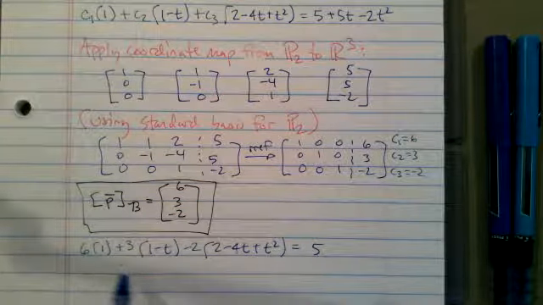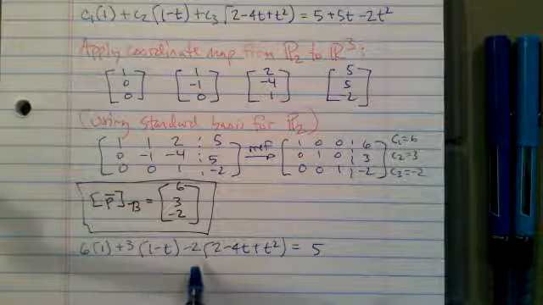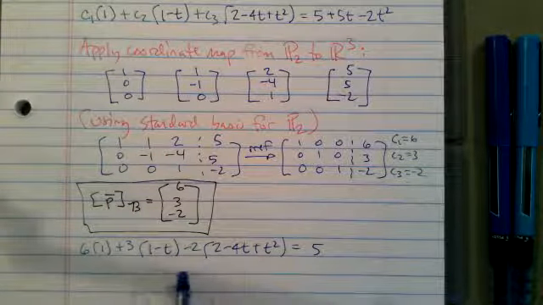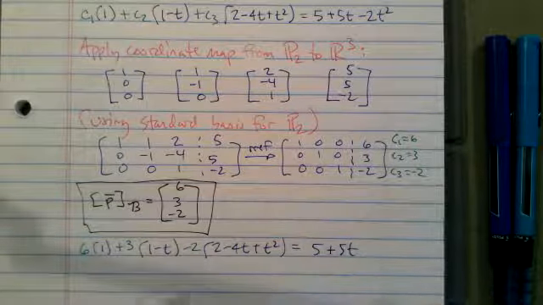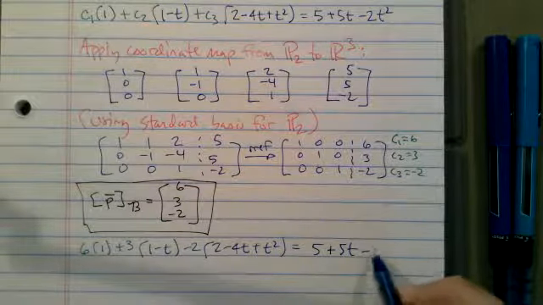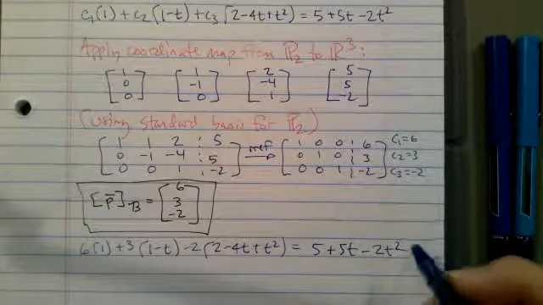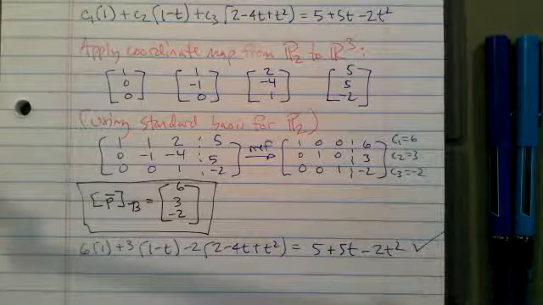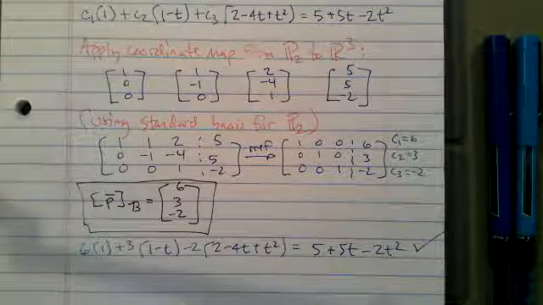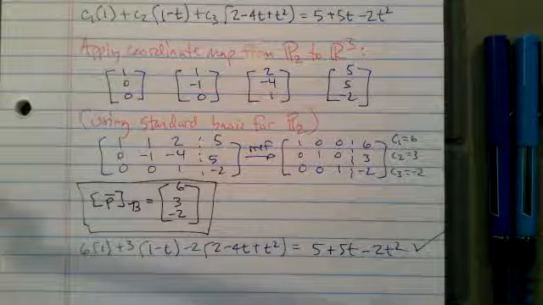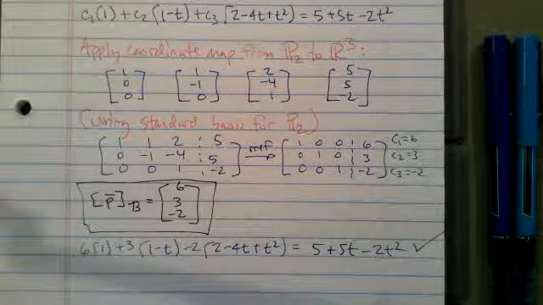Let's see, no t's here. So minus 3t, minus 3t plus 8t is 5t, and minus 2t squared. Everything checks out. Any questions? How's everybody, okay?